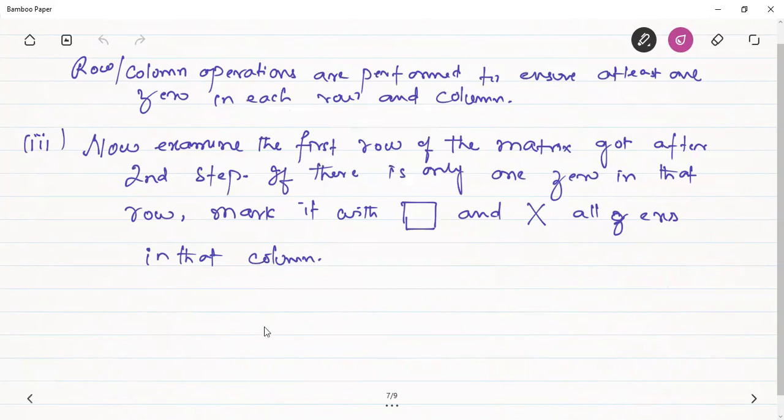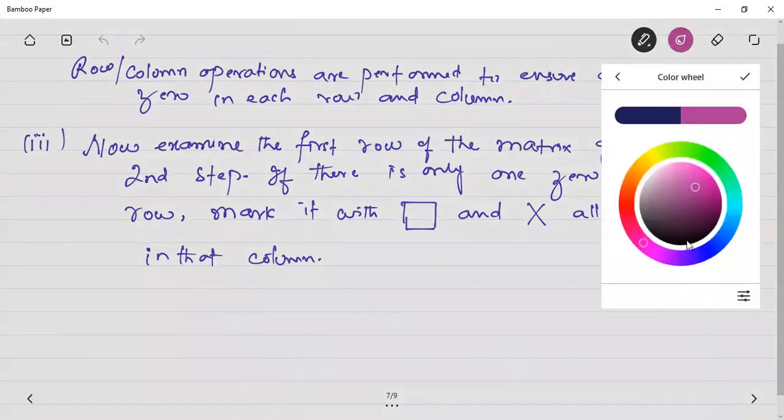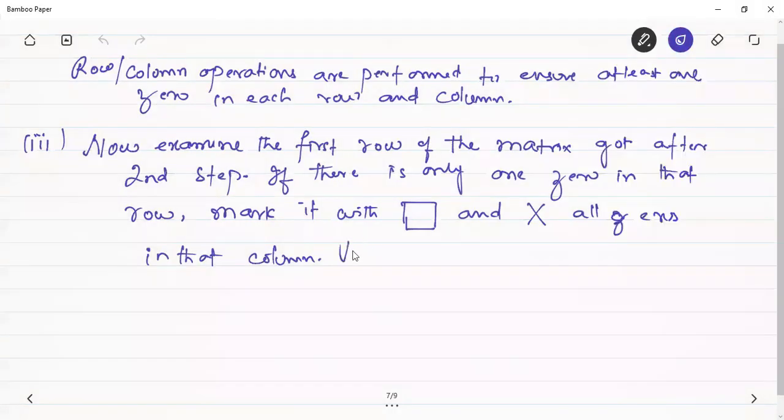Repeat it for all the rows. Okay, same step we have to repeat for all the rows.